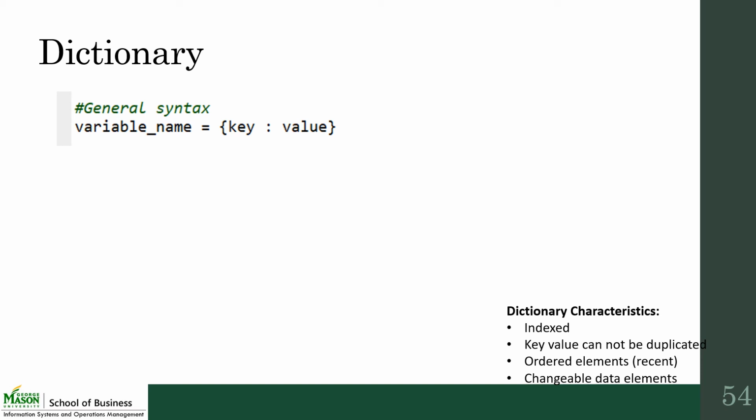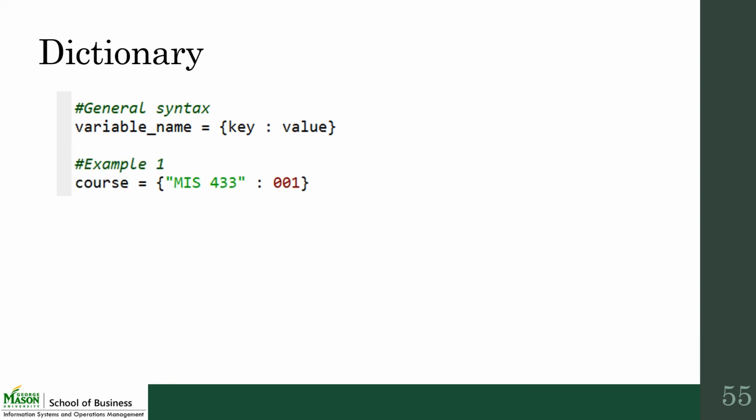As with lists, a dictionary could hold multiple elements with different object types and also has an index, but the index will be considered the dictionary key rather than specific integer numbers. Example 1 shows a course variable with a dictionary value assigned.